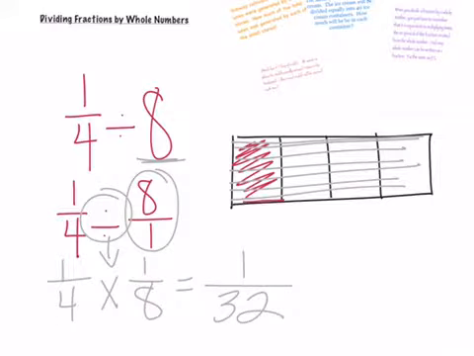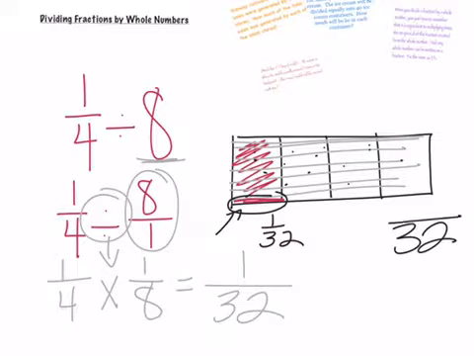Which means this part right here represents 1 out of 32. Because if I cut my 1/4 into 8 sections, if I counted every single one of these pieces, it would equal 32. And I'm grabbing just one of them. So 1/4 divided by 8 is 1 over 32.